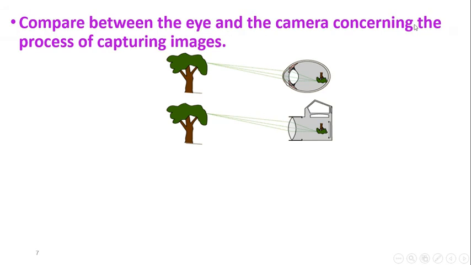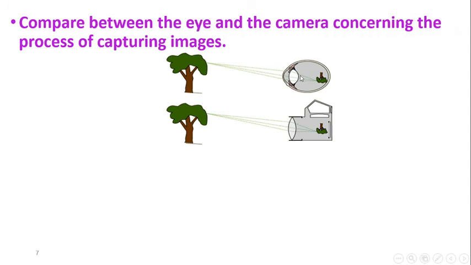Compare between the eye and the camera concerning the process of capturing images. Here we see a tree and here we see the eye. Here we see another tree, the same tree, and here we see a camera. What do we have here to compare between eye and camera? What are the similarities or differences, if present? Let's start. First of all, here we have a convex lens, and here also we have a convex lens.